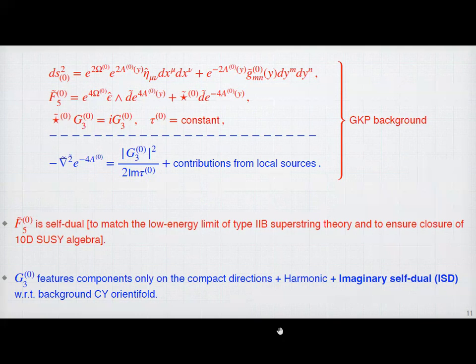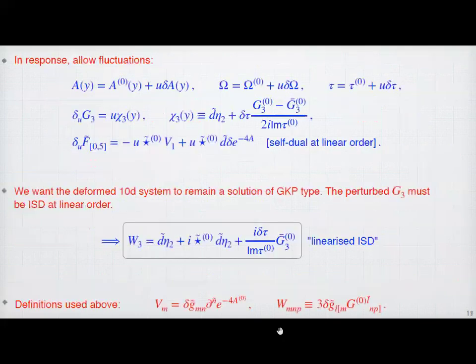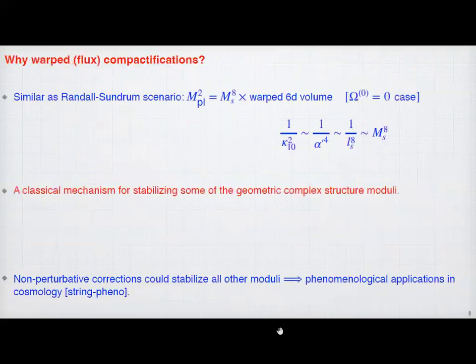The 10D scale and warped volume. But if you keep the warp factor, there will be some factors of that. So apparently it's a constant, like choosing that.